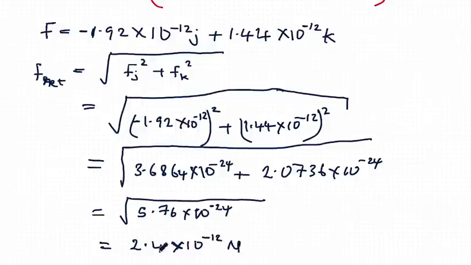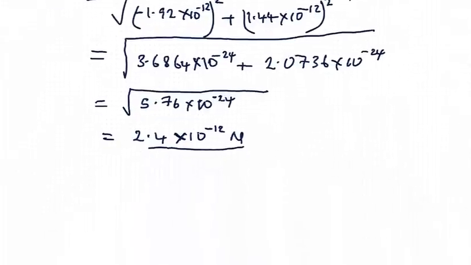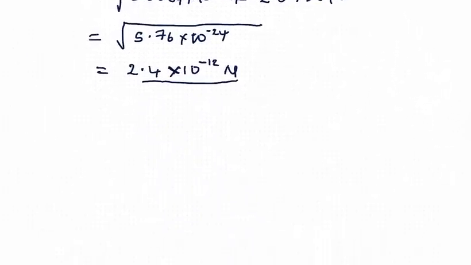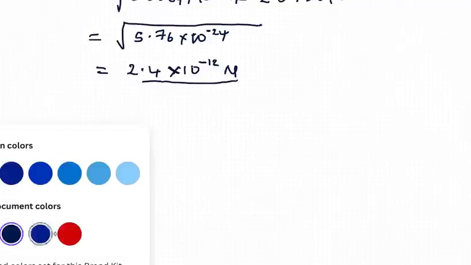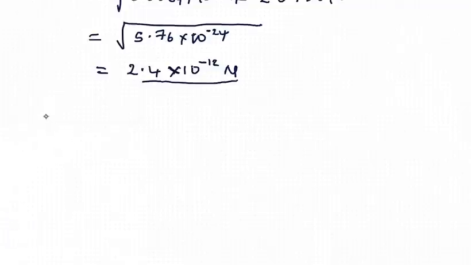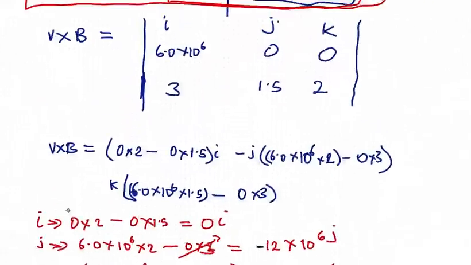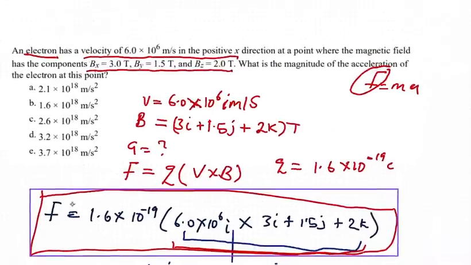So we've gotten the force, and we're asked to calculate the acceleration. So to calculate the acceleration, we have F is equal to ma. And from the question, we were told that it's an electron.